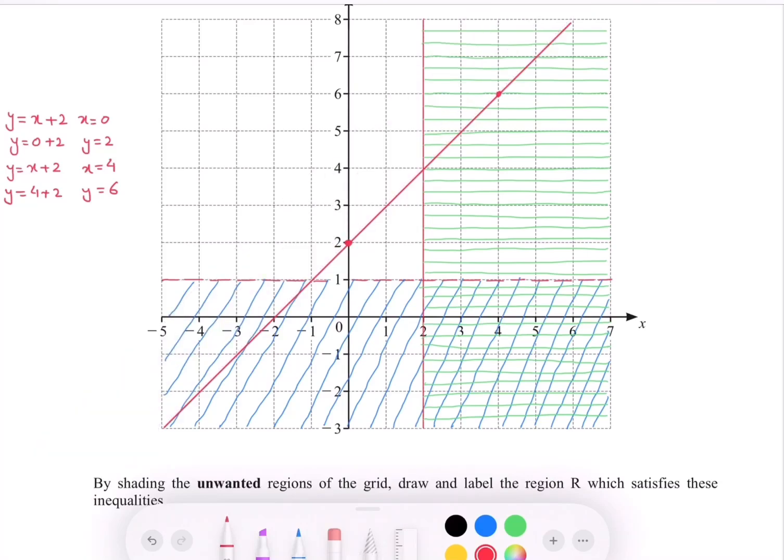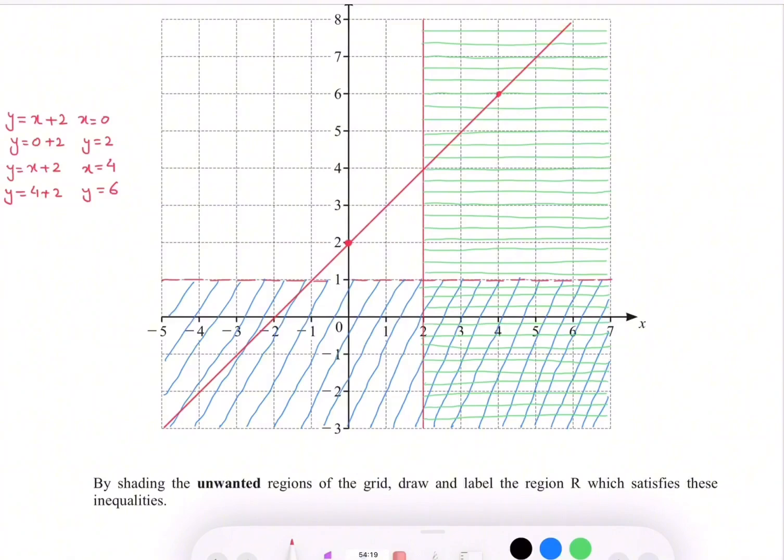Now how to decide which side is wanted and which side is unwanted? So make an angle with the x-axis with this red solid line. If you see, this is the red thick angle I have made with the x-axis and the red line. So this is a small angle, and on its other side this is a bigger angle. Always check like this.